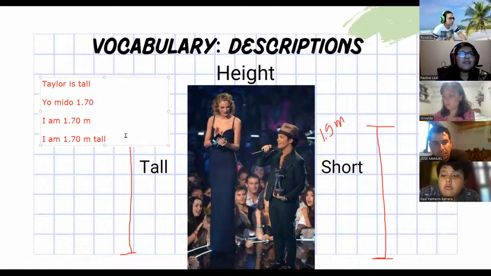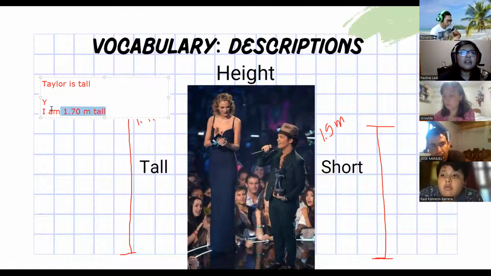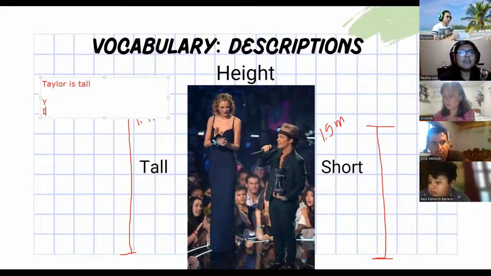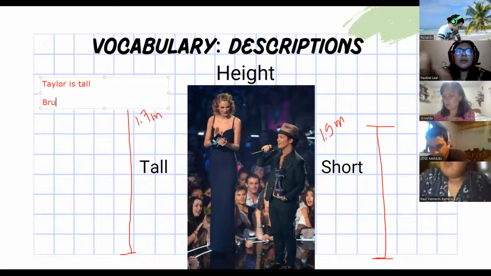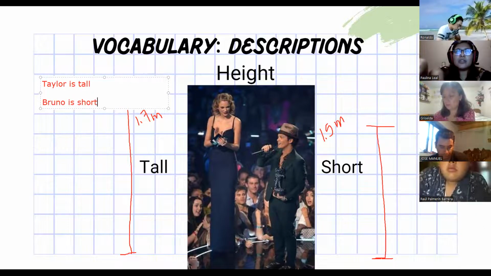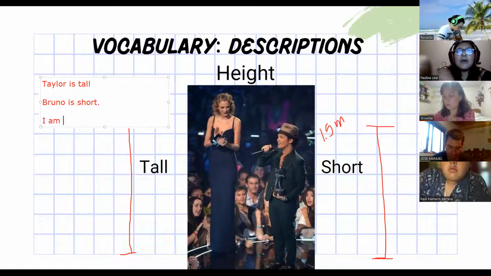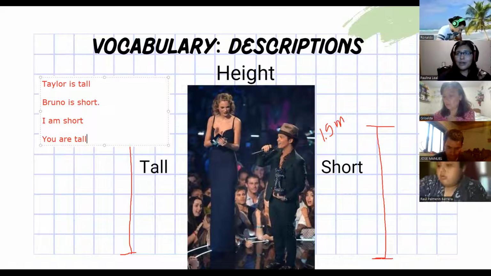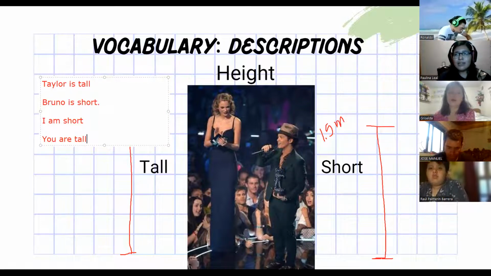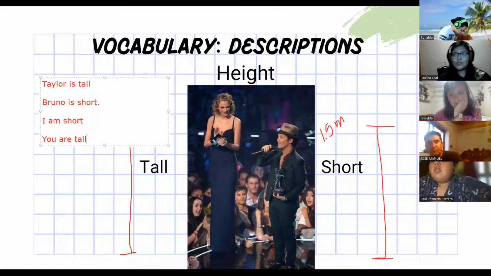You're welcome. So we were saying that I'm going to use the verb be. Taylor is tall. Bruno is short. I am short. You are tall. Igualito que en español. En lugar de decir tengo, digo soy.